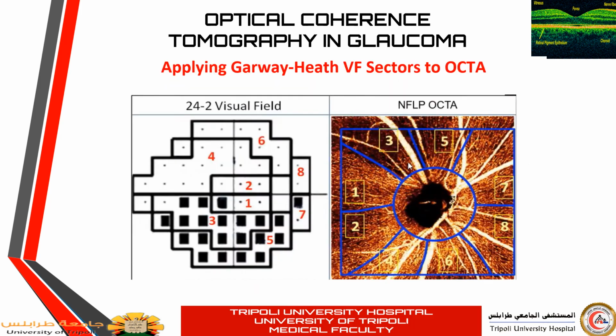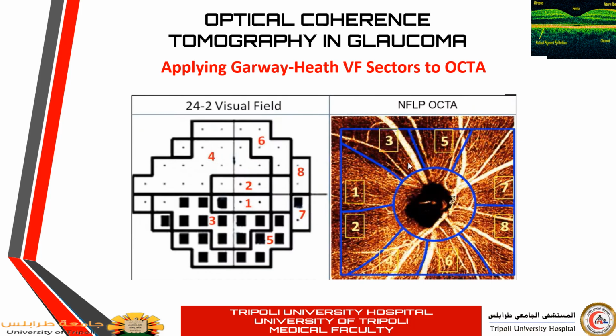Now, the way we simulate the visual field using the OCT angiography is of course based on the Garway principle of the visual field. The area around the optic nerve is divided into 8 sectors, and these 8 sectors have an exact mirror image, the upper half and the lower half.